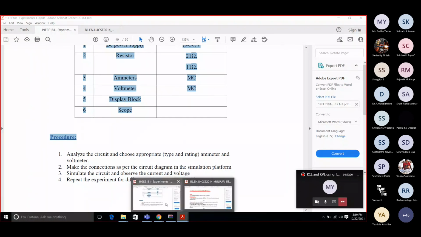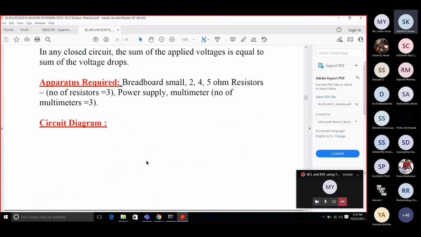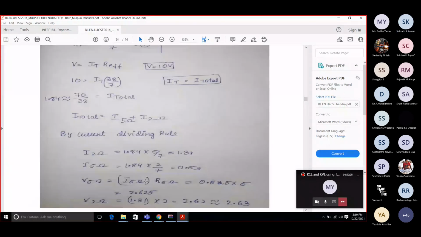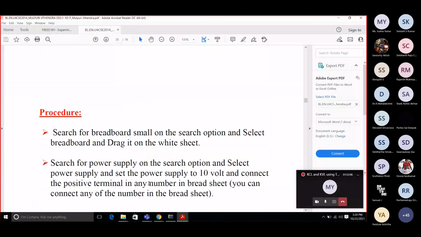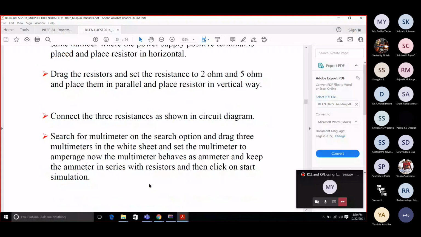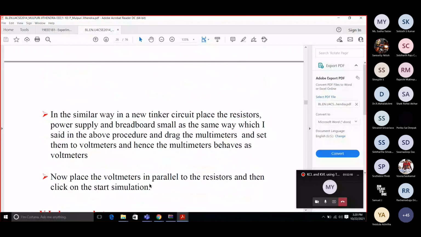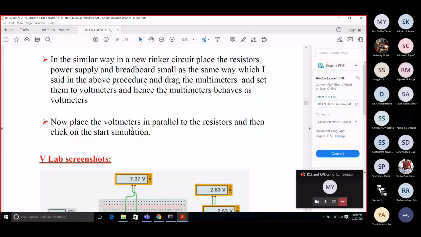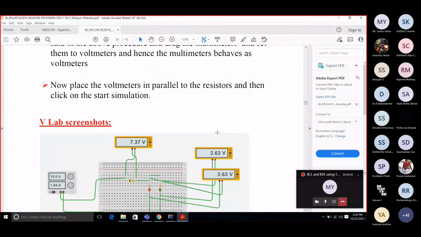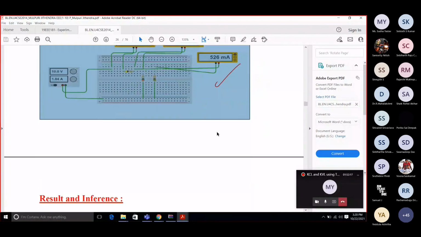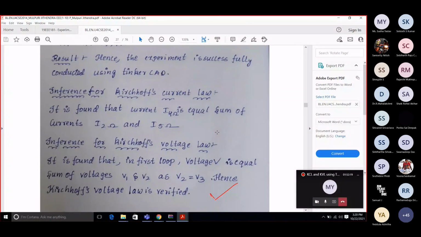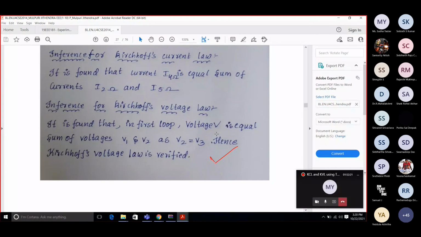That only you have to write. You just start by yourself. See how neatly a senior student has written it in his own words. Try. Yes, ma'am, will do, ma'am.